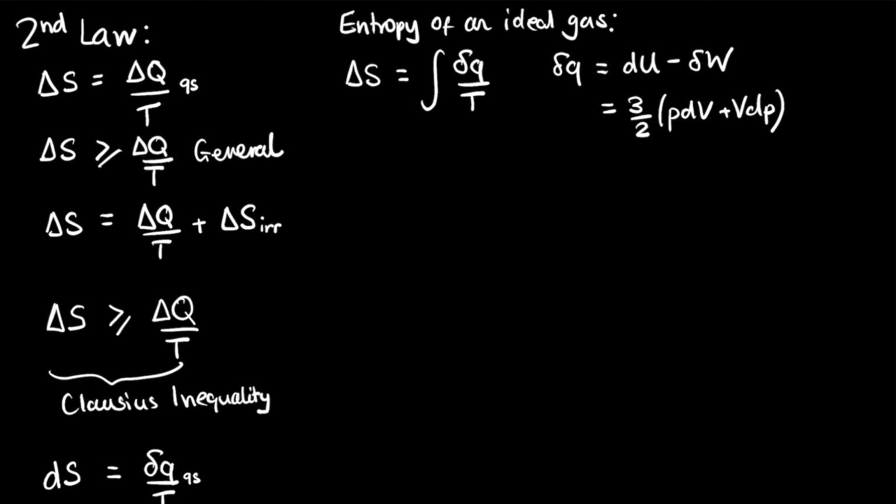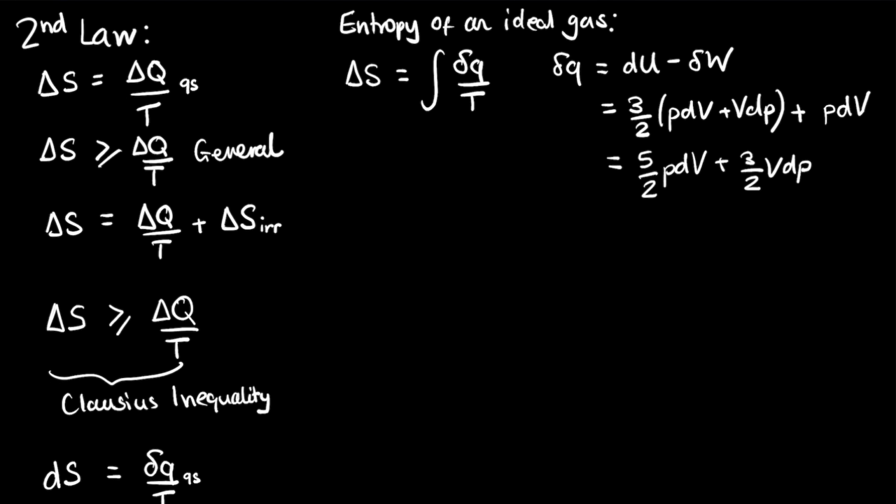Well, dW is minus p dV, so we can simply add another p dV onto that. So we're going to get 5 over 2 p dV plus 3 over 2 V dp. And remember, when I was doing the adiabatic derivation, this was just all equal to 0, because of course dQ is equal to 0. But now we've got a more general thing.